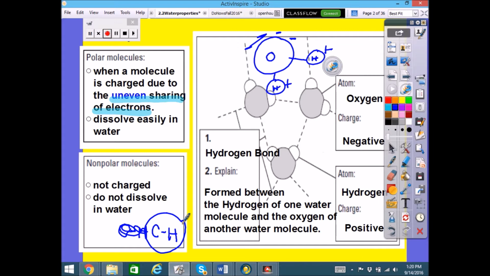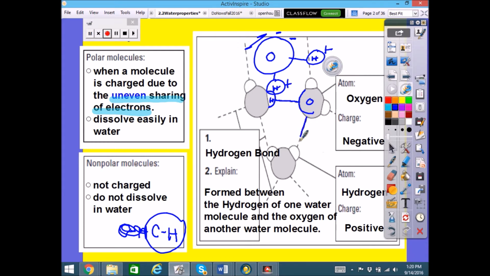Now because of this polarity, the charges, water bonds a certain way. It forms what is called a hydrogen bond. A hydrogen bond is formed between the hydrogen of one water molecule and the oxygen of another water molecule. So here we have a hydrogen and it's forming a hydrogen bond with the oxygen of another water molecule.